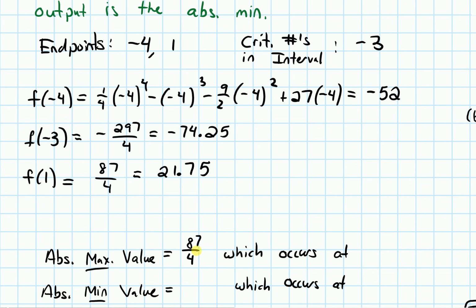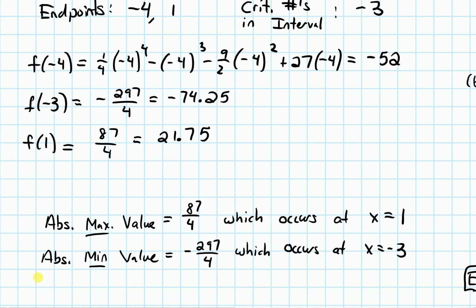It's the biggest possible output, and that occurs at x equals 1. The absolute min value, so -74.25, that's the smallest output we were getting here. Let me write that in fractional form though. -297/4. If we wanted to write it in decimal form, it's okay. And this occurs at x equals -3. And that would be our answer.